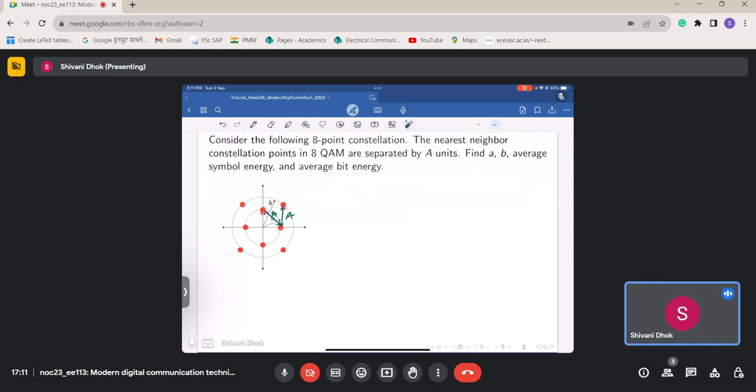These are equidistant. That is the meaning of this: the nearest neighbor constellation points in 8 QAM are separated by A units.